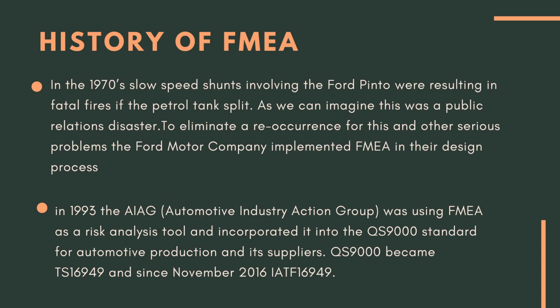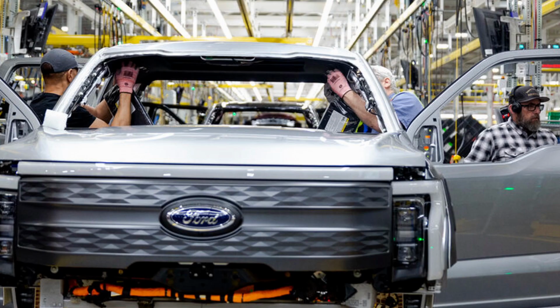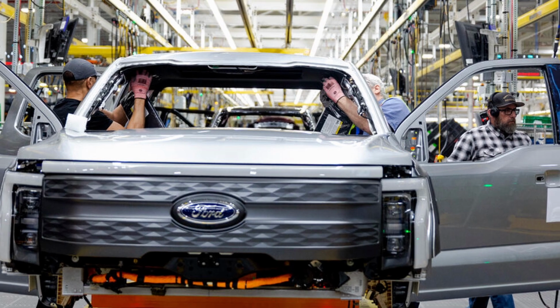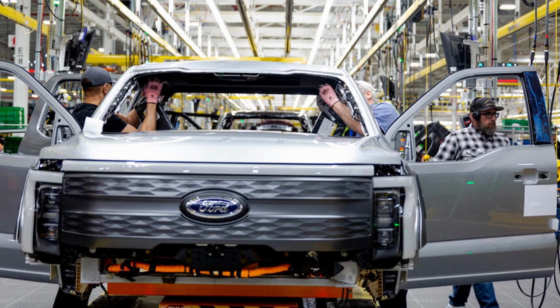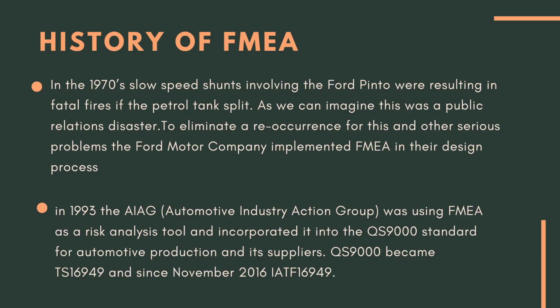In the 1970s, low-speed crashes involving the Ford Pinto were resulting in fatal fires if the petrol tank split. As we can imagine, this was a public relations disaster. To eliminate a recurrence of this and other serious problems, the Ford Motor Company implemented FMEA in their design process.